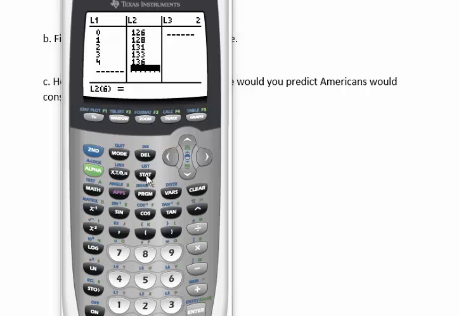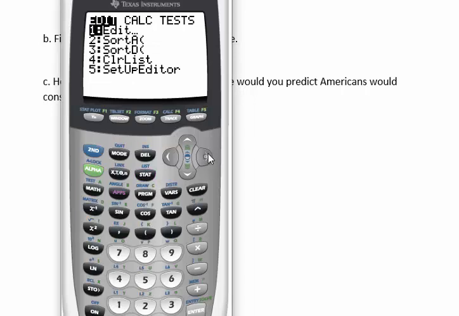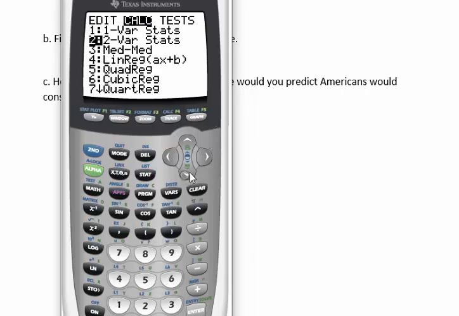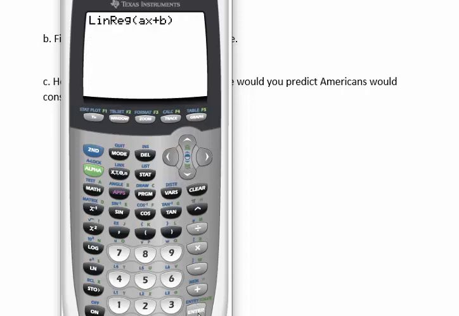Okay, then I'm going to select Stat again and go over to Calculate and choose option 4, which is LinReg or linear regression, and hit Enter, and then hit Enter until it calculates. Okay, so you should end up with a screen that looks like this, where y is equal to ax plus b, and a and b are given.